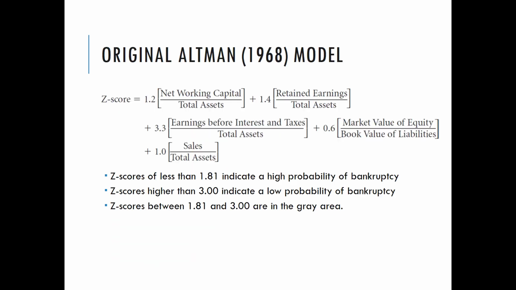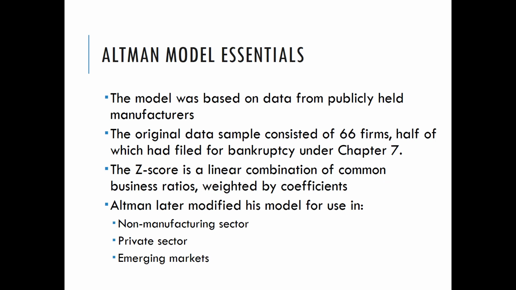So the model is based on a very, very tiny sample size. If you remember from your statistics class, generally the higher your sample size, the better, because the more likely it is that the result will be representative and generalizable to outside this tiny little sample.